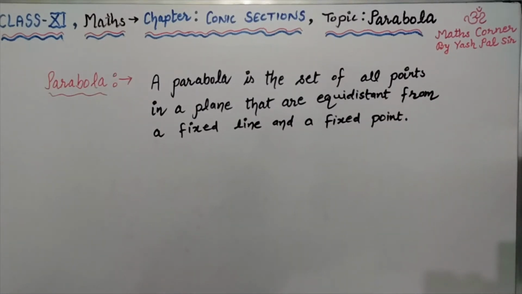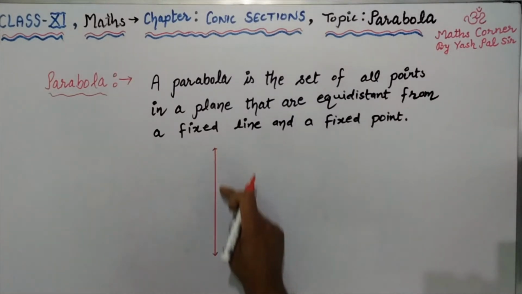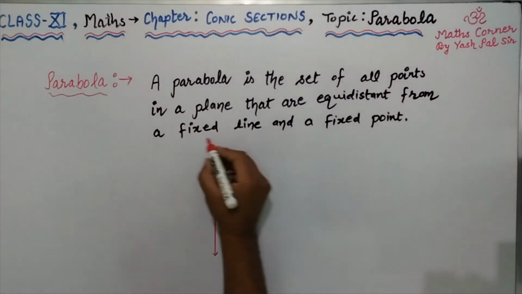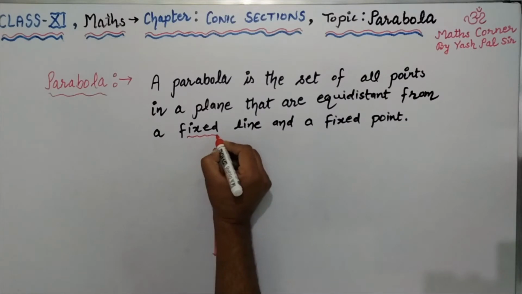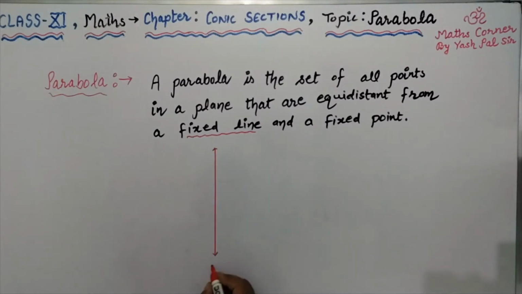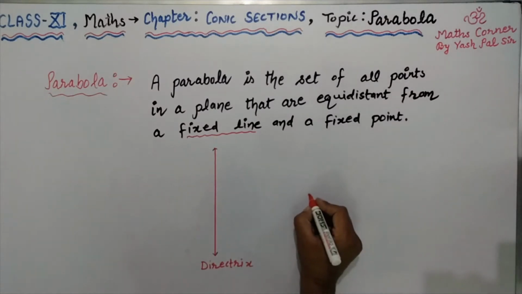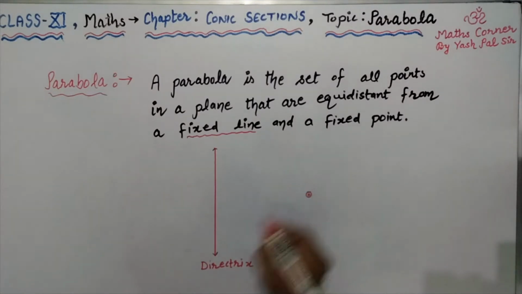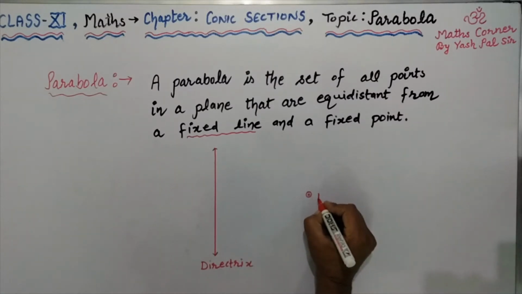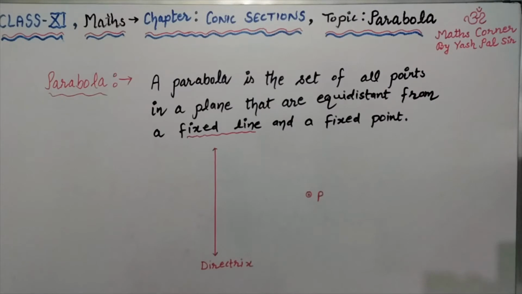Geometrically, we can write this as, suppose this is the fixed line and this fixed line is named as directrix of the parabola. Okay, and suppose this is the fixed point, right? Suppose the name of this point is P.